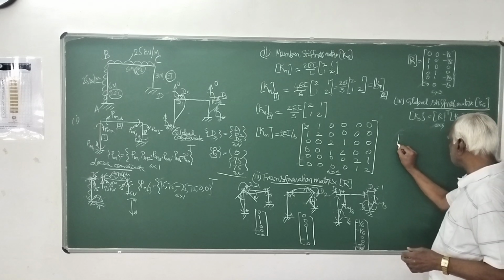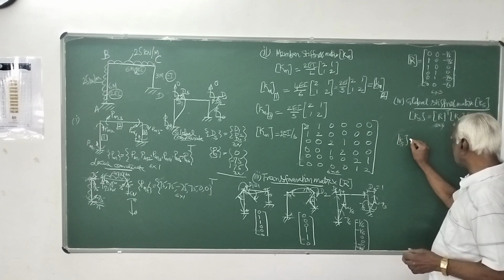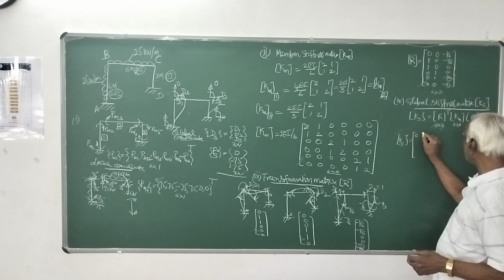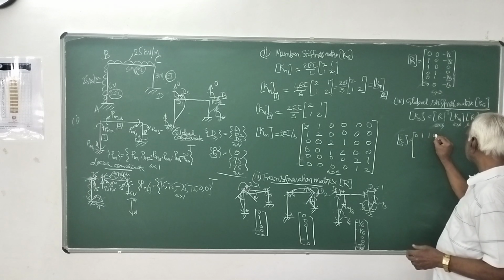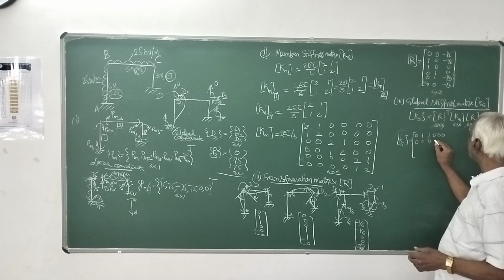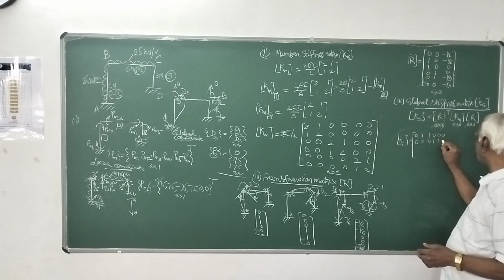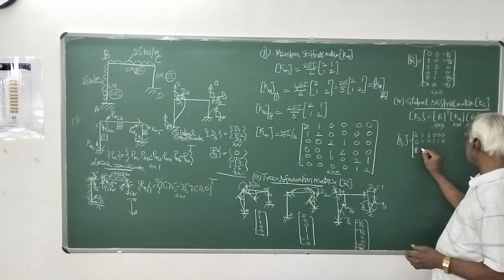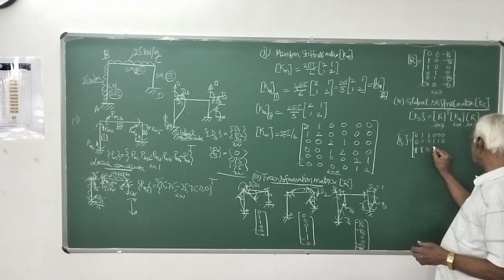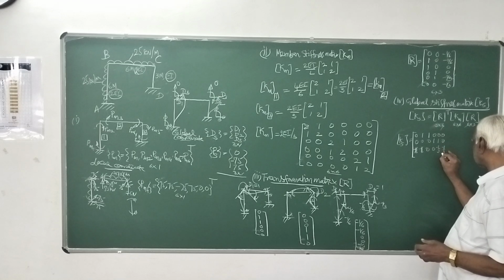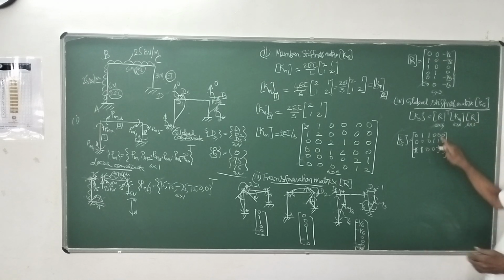So therefore, this KS is equal to RT, that is 0, 1, 1, 3 zeros, 0, 3 zeros, 1, 1, 0, then minus 1 by 6, minus 1 by 6, 0, 0, minus 1 by 3, minus 1 by 3. This is that 3 by 6 matrix of RT.